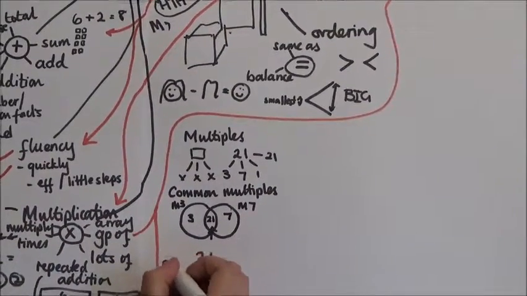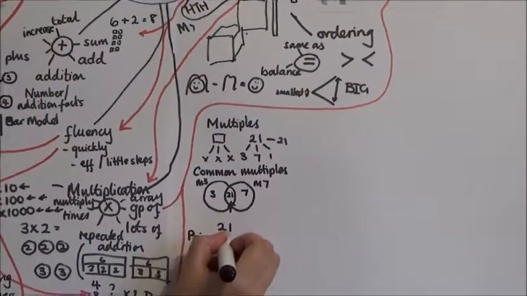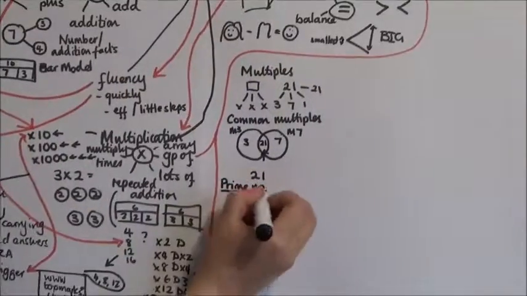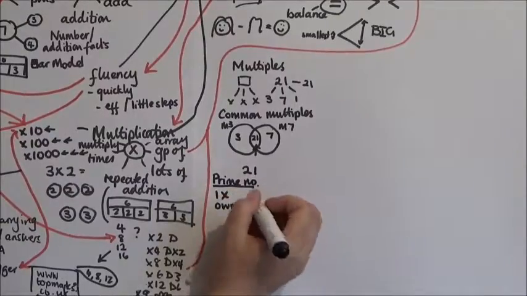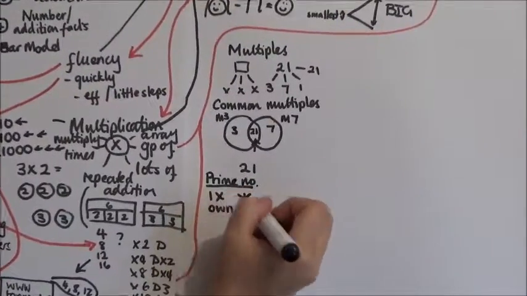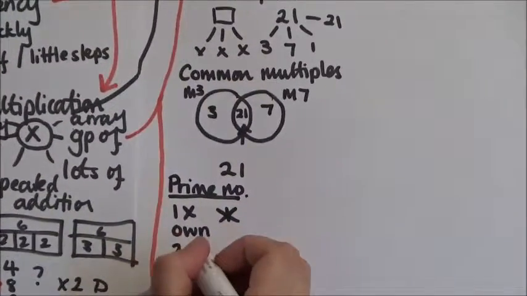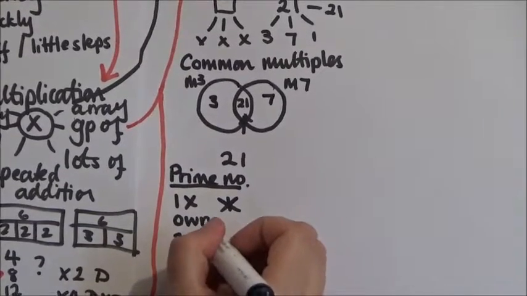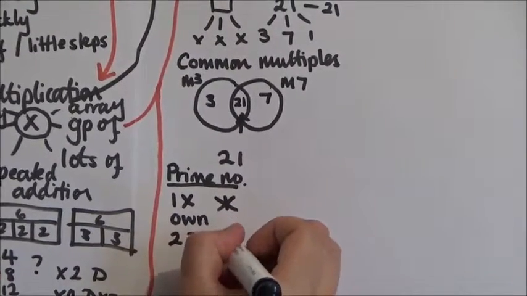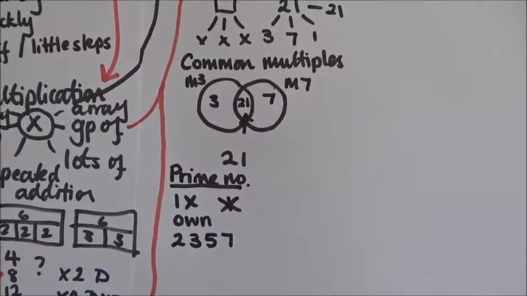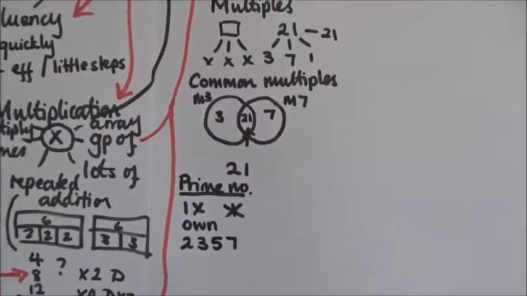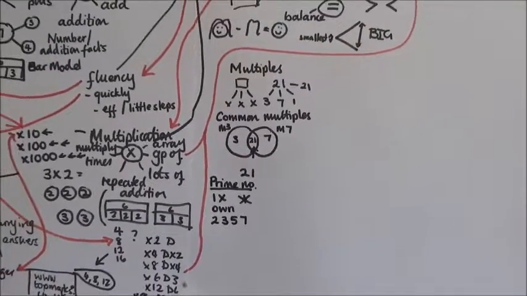We also talked about prime numbers and how prime numbers are only in the 1 times table and their own times table. And we said that 1 was not a prime number, but we had 2 and 3 and 5 and 7 that all were prime numbers. So, where can we link our previous learning from?